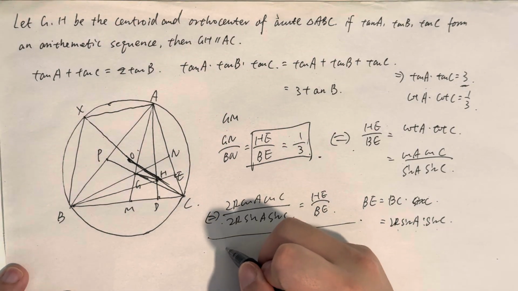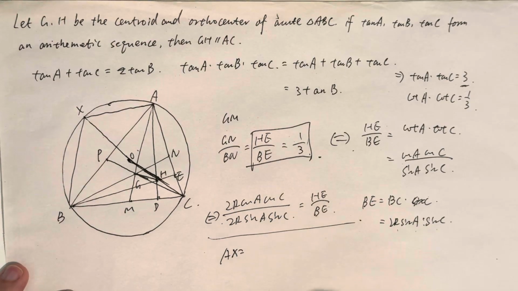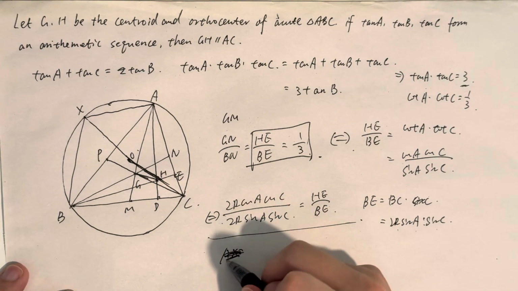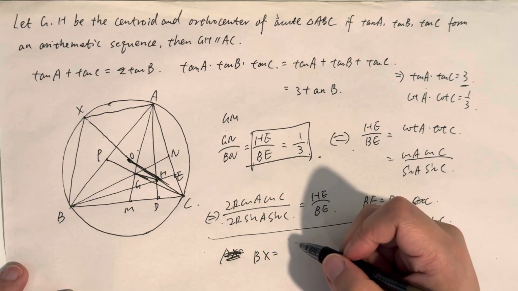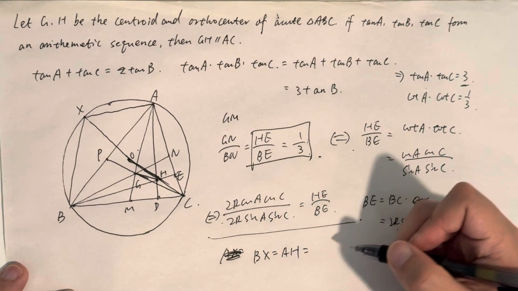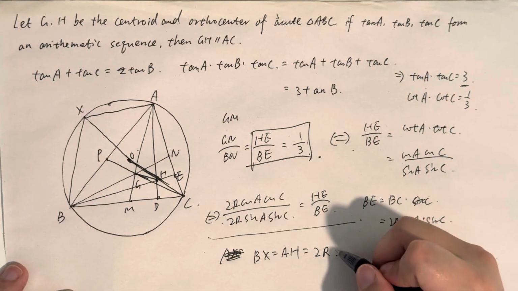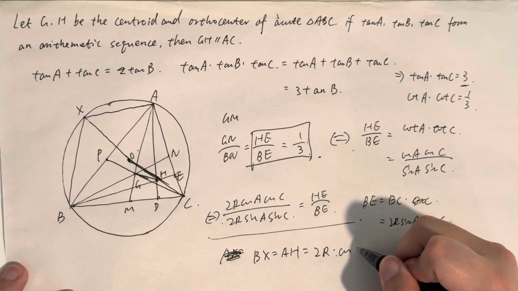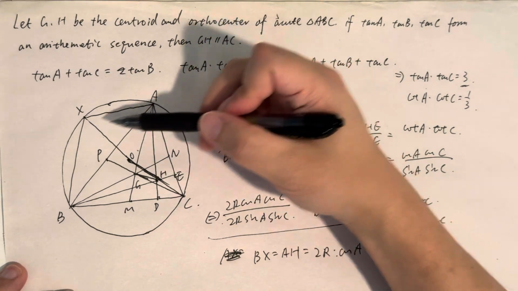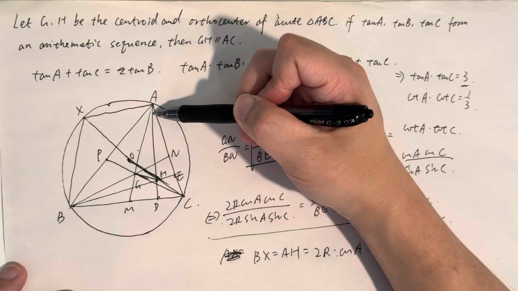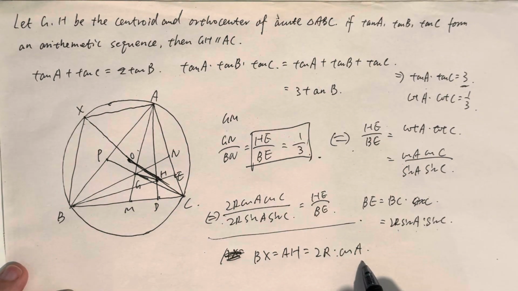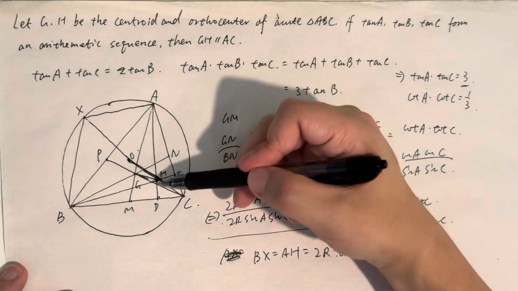That means BX equals AH equals 2R times cosine A, right? Because this is 90 degrees, this is angle A, this is angle A. So BX equals 2R times cosine A, which equals AH.